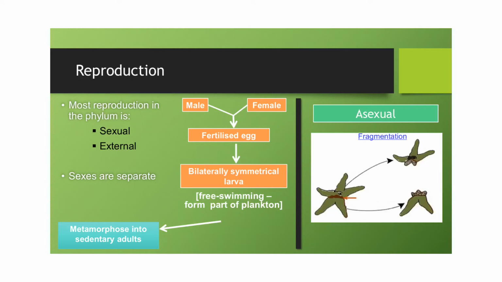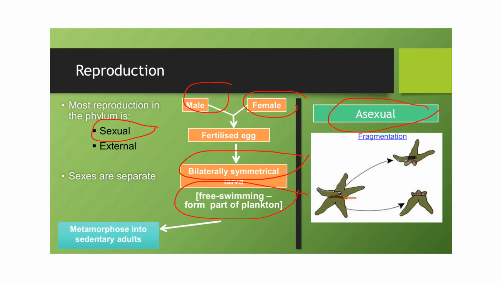In terms of reproduction, they can reproduce either sexually or asexually. In sexual reproduction, they do external fertilization through the male and female, and produce the larvae, which are bilaterally symmetrical. Another characteristic of larvae is that they are planktonic, as opposed to the adult stage where they are benthic.